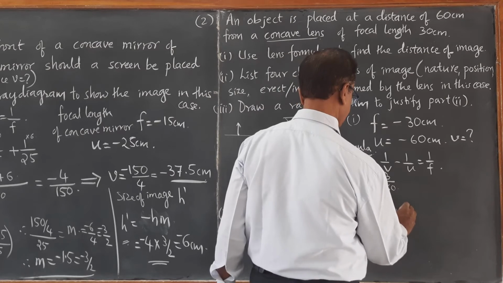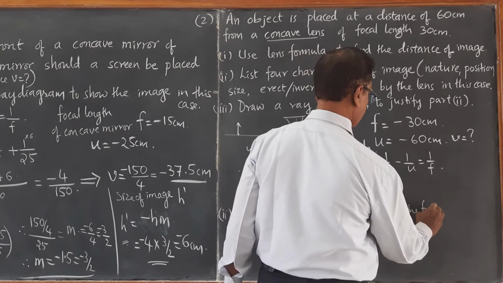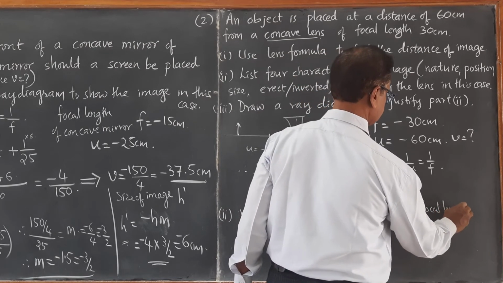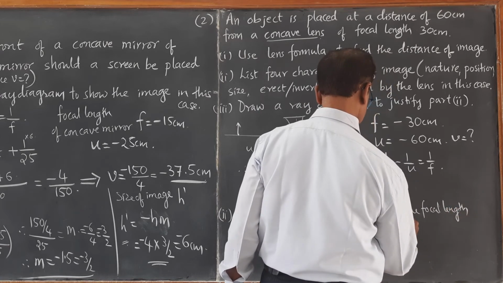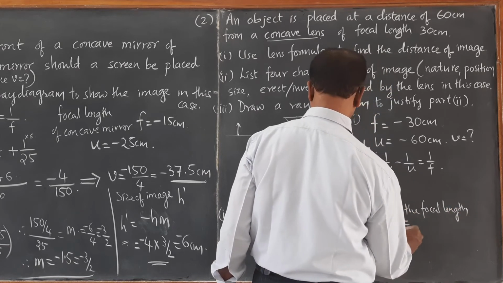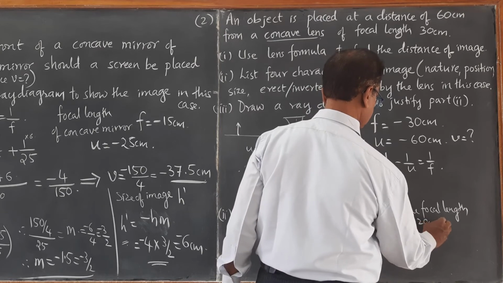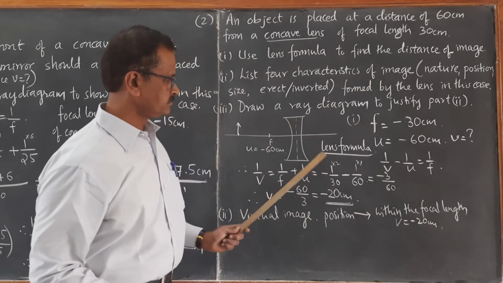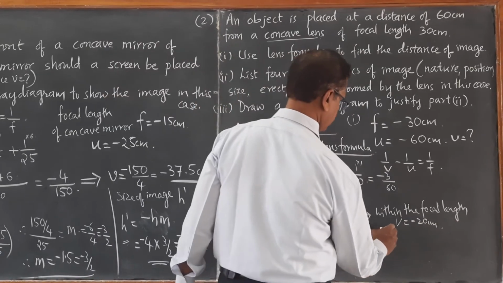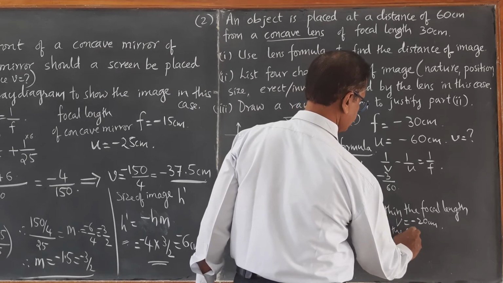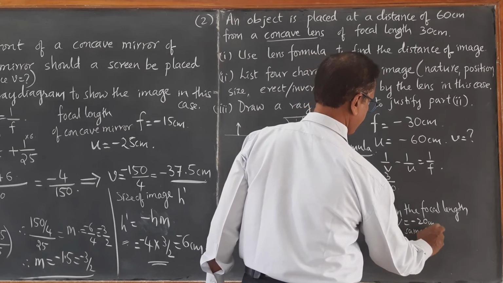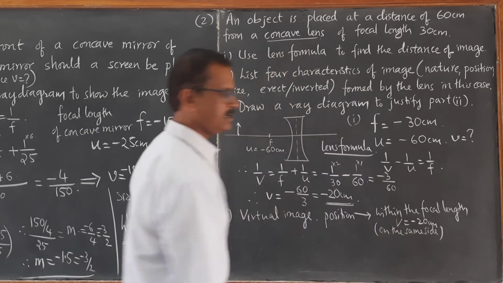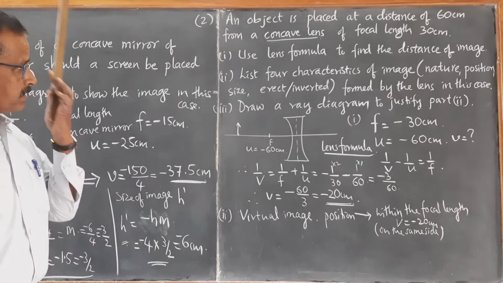You can say within the focal length, that is V equal to minus 20 centimeter. Minus 20 centimeter means on the same side of the lens.